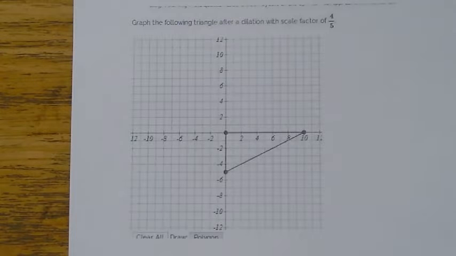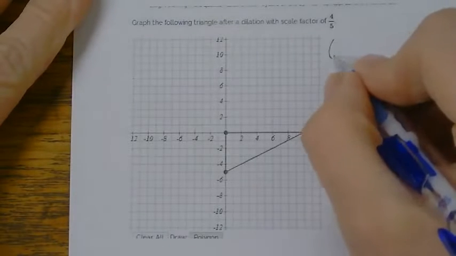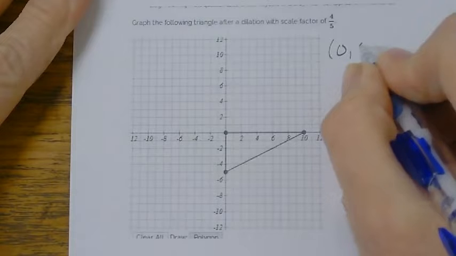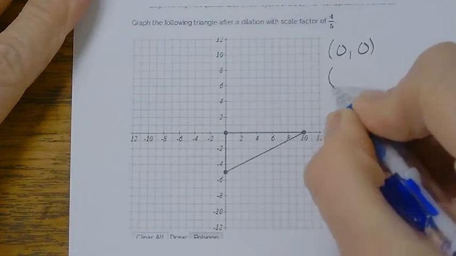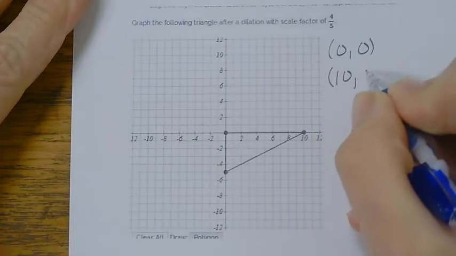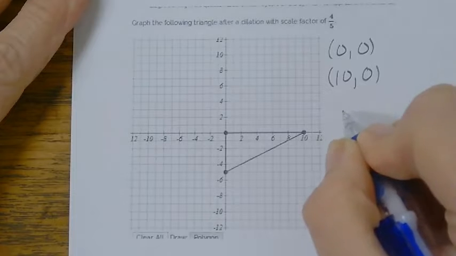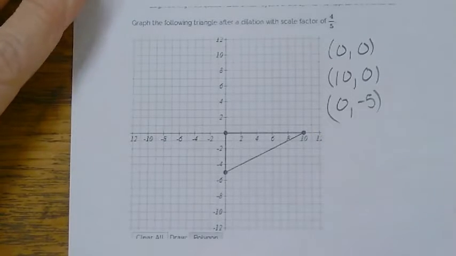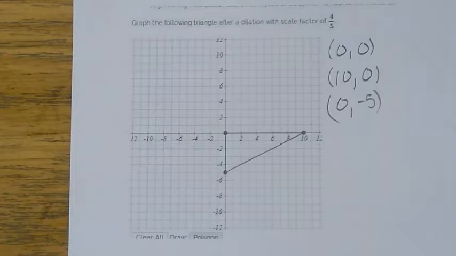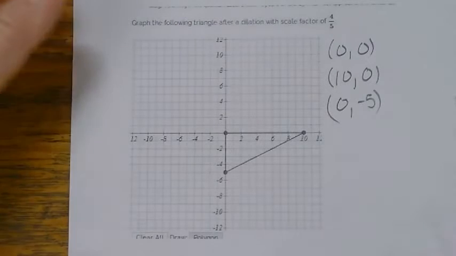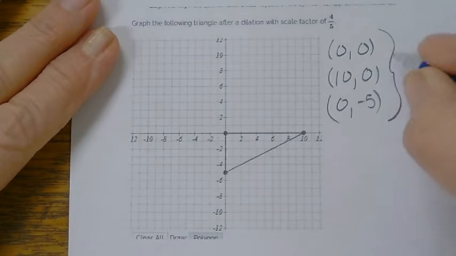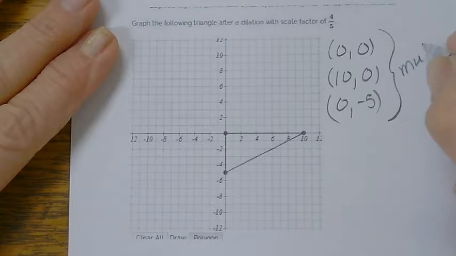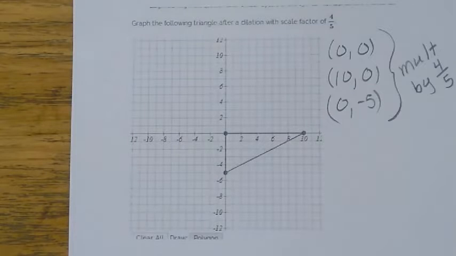You take the points there on the right already, so like 0, 0, 2, 0, 10, 0, 10, 0. Awesome. So we're going to multiply all of those by 4/5, the x and the y each time.